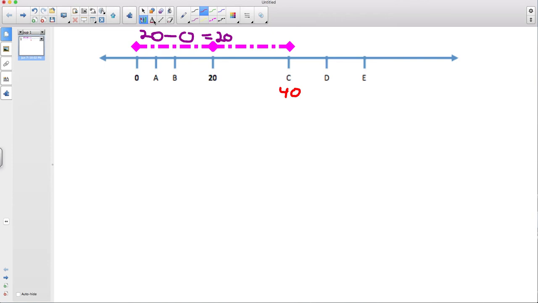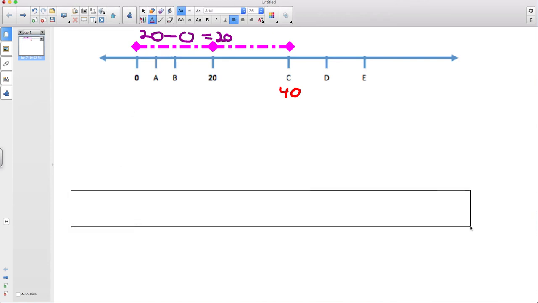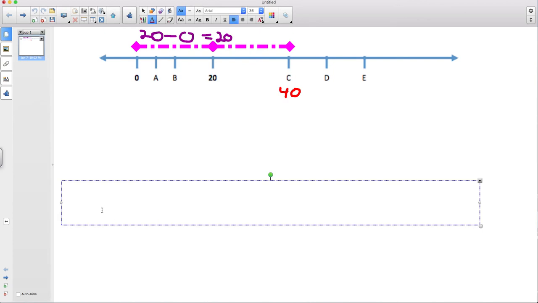Now for your explanation, because all number lines have to have each letter explained, you can come down here, and I'm just going to type it because it'll be quicker. And that letter C is equal to, I'll just say equal to 40.